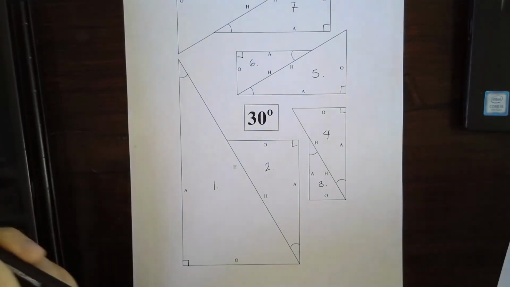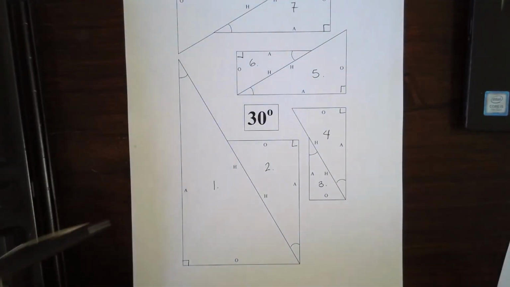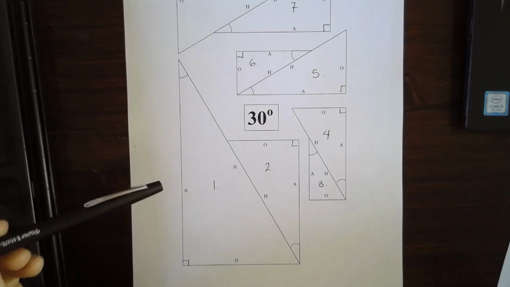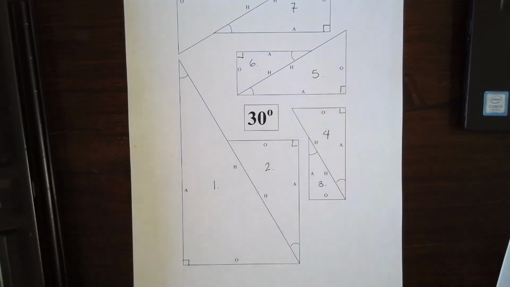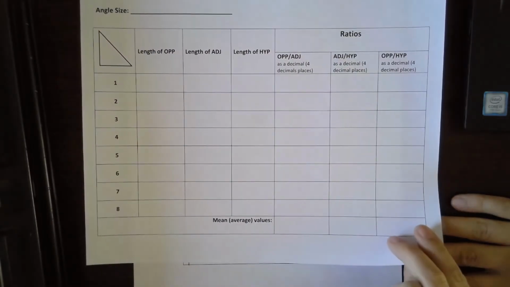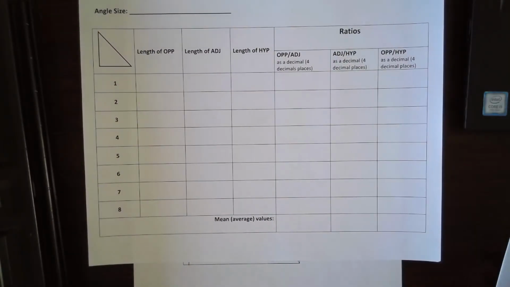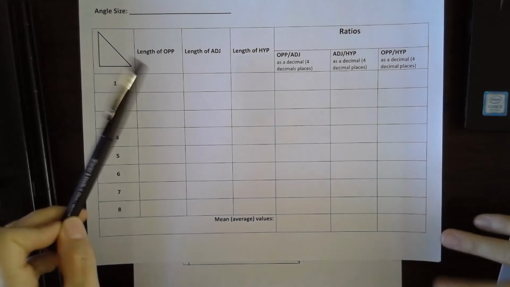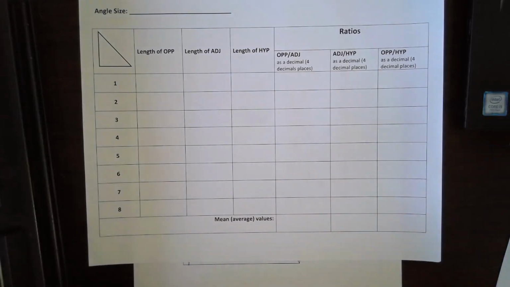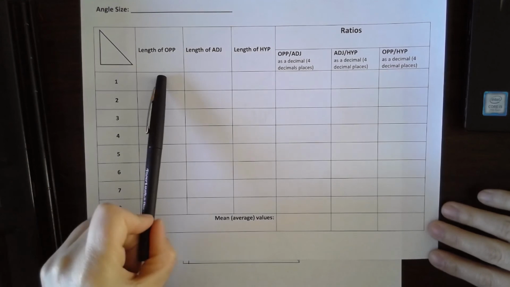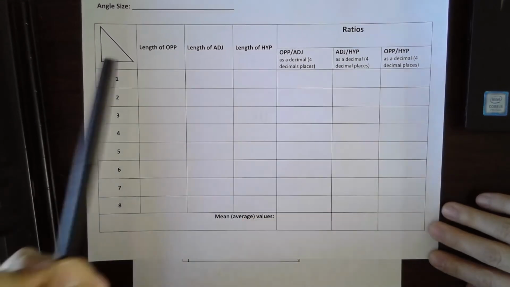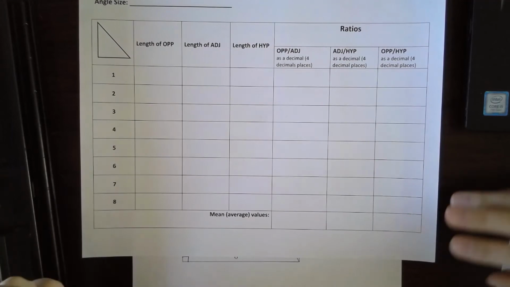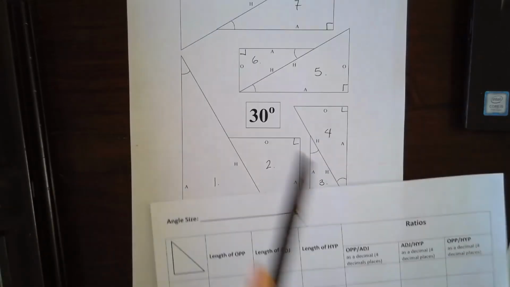So what we want to do is measure the lengths of the A's, the O's, and the H's for each of these triangles and put them into a table that looks like this. Take whichever one you call number 1, it absolutely does not matter. Measure the length of O, A, and H, and then number 2, O, A, and H. You might want to number them on this paper or check them off.